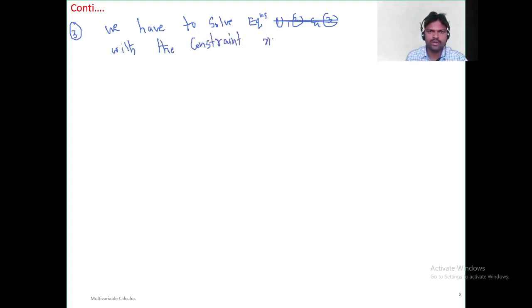What is that? xyz is equal to a cube. So with this constraint we have to solve it. So then write equations 1, 2, 3.